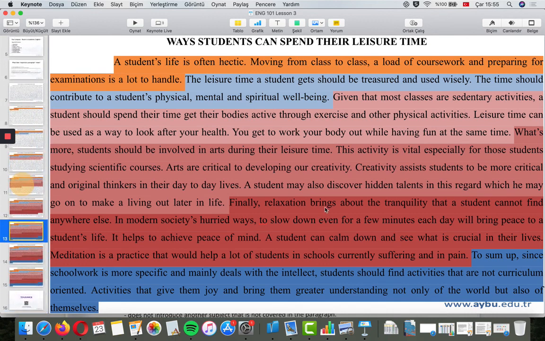When I see this, I understand that the writer is concluding, finishing, ending the paragraph, okay? And when you read it, you understand that it almost says the same thing with your topic sentence. Okay, these ones, again, are our support ideas, okay?